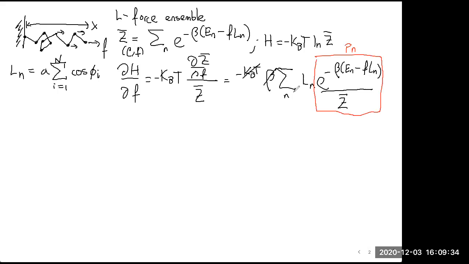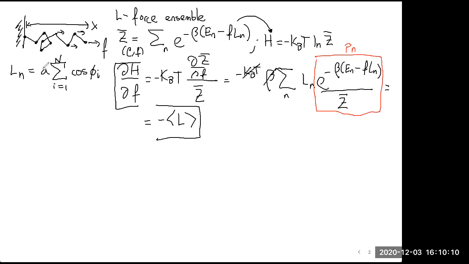So this is P_n L_n, which is the average of L. So what you get when you do these things is, well, there is a minus, it's minus the average of L. So the average of L in this ensemble is just, you compute Z, from Z you compute H equals minus k_B T log Z, and then you take a derivative. That's it. This is a good thing of knowing a little bit of statistical mechanics. You know the partition function, and then this gives you all the information.